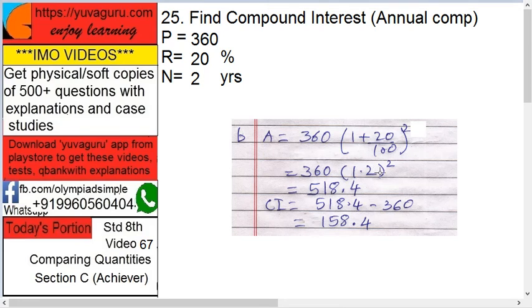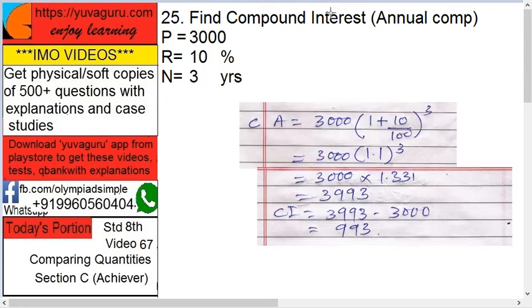So 144 into 360. Adjust the point. So it becomes 5184, and point adjusted it becomes 518.4. Okay, do it yourself. So compound interest equals 518.4 minus 360. It becomes 158.4.